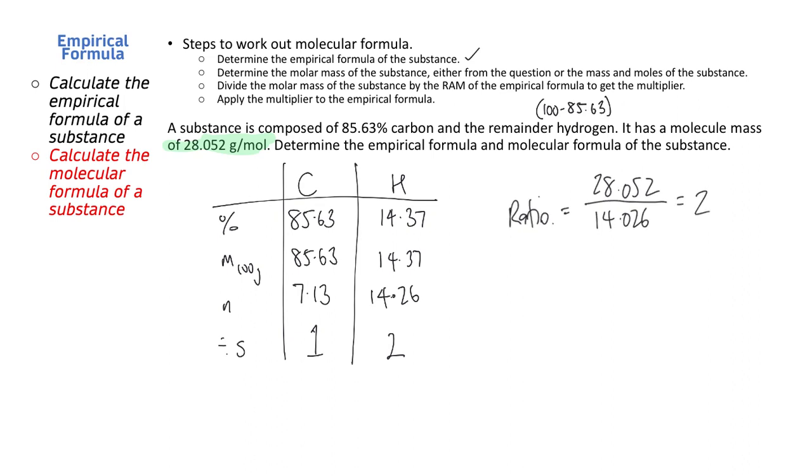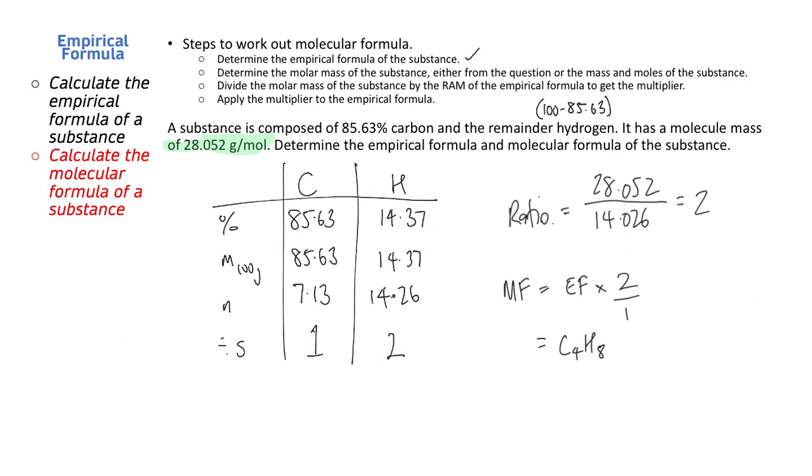And so therefore, that's the ratio, that's the multiplier, that's the factor that the empirical formula and the molecular formula are separated by. So therefore, the molecular formula is equal to the empirical formula times 2 on 1, which happens to be C4H8. Okay, so that is how you would work that one out.